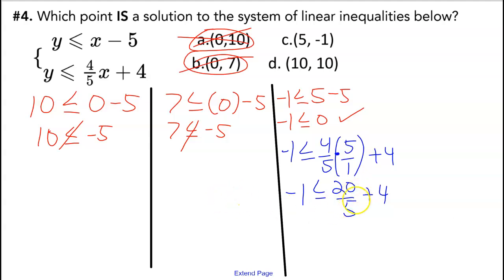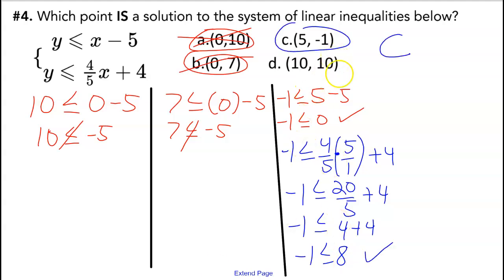Now I divide 20 by 5 and get 4. So negative 1 is less than or equal to 4 plus 4. 4 plus 4 is 8. So negative 1 is less than or equal to 8. This is a solution, so our answer is C.